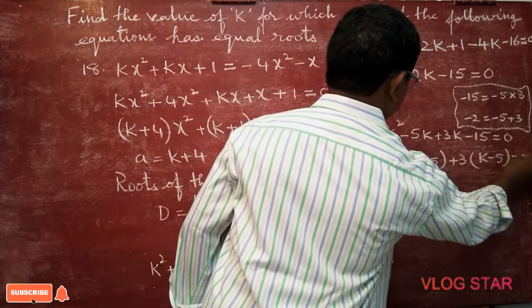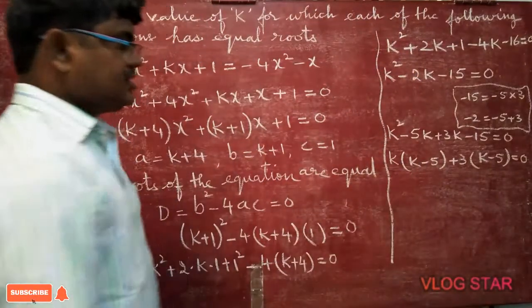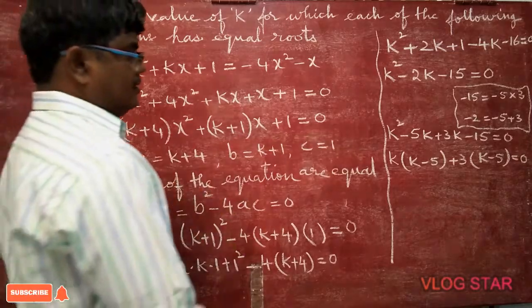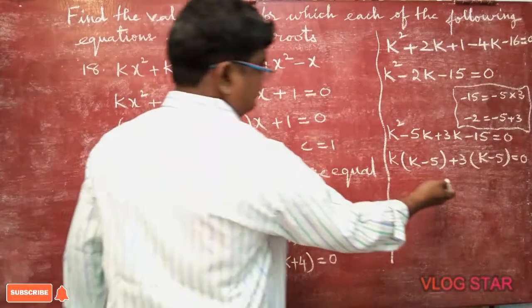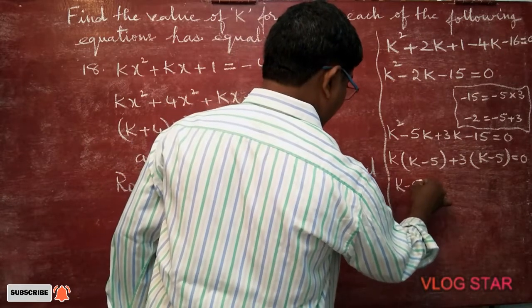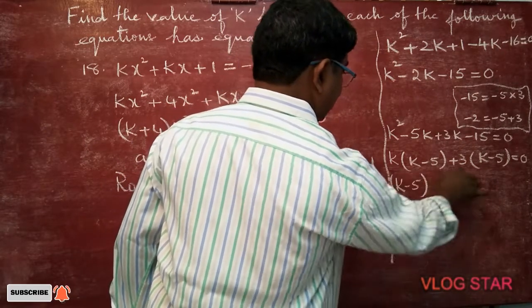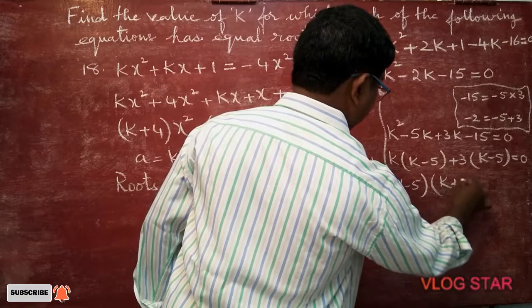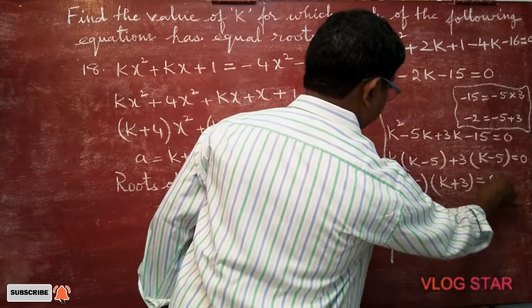What comes in the first bracket as it is comes in the second bracket. In the first term k minus 5 is there, in the second term also k minus 5. So on the whole you take k minus 5 common. Remaining is k plus 3, is equal to 0.